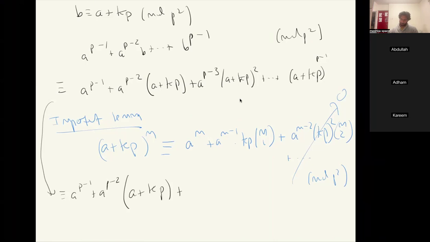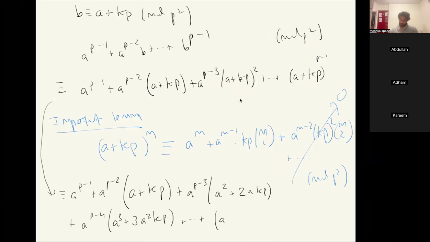But the next term, we will have what? A to the p minus 3, and then we'll have a squared plus 2a kp, and then we'll have a to the p minus 4, a cubed plus 3a squared kp.